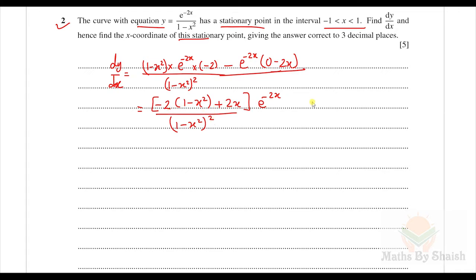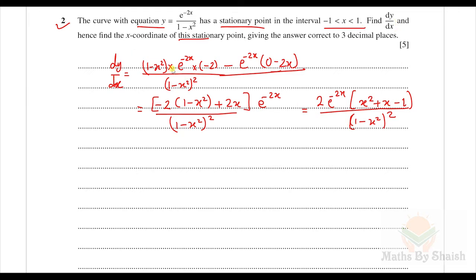I can take 2 also common, and then we'll get 2 e^(minus 2x) into, multiplying it out, minus 1 plus x squared plus x, so it is going to be x squared plus x minus 1 over (1 minus x squared) whole squared. So that is dy over dx.